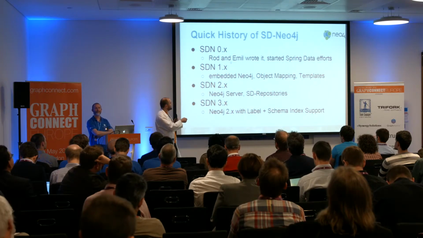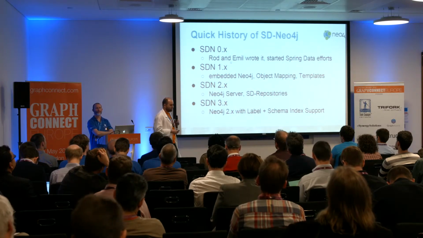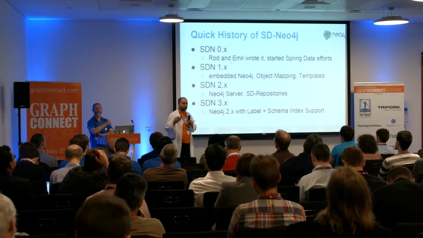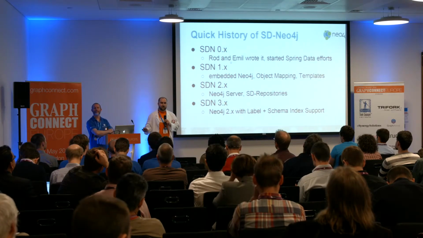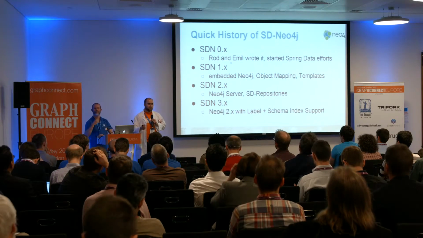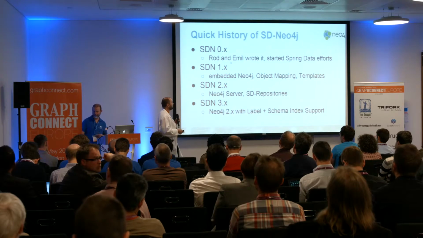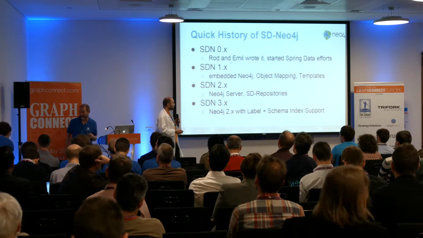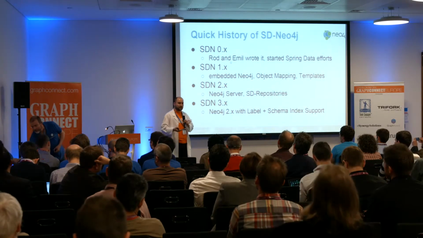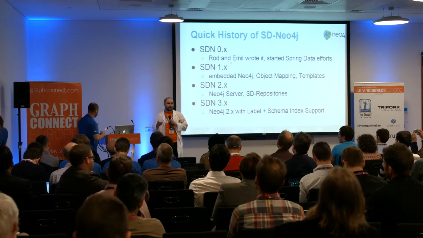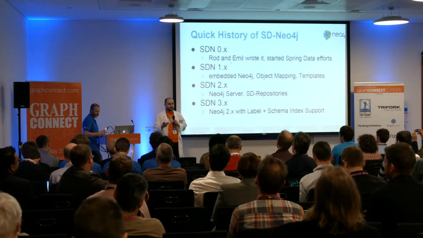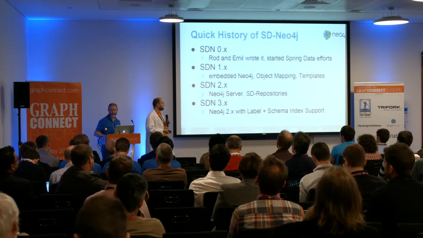But as it had a history on running on embedded Neo4j, because when we started, there was no server, there was no Cypher, there was just Neo4j embedded and the Java API. So much of the internals of Spring Data Neo4j were built around this. And that's why running Spring Data Neo4j against server was never as fast as I wanted it to be, and I never actually had the time to focus on making it fast.